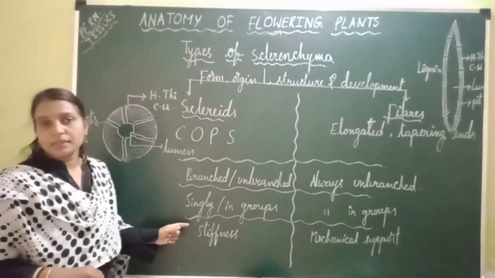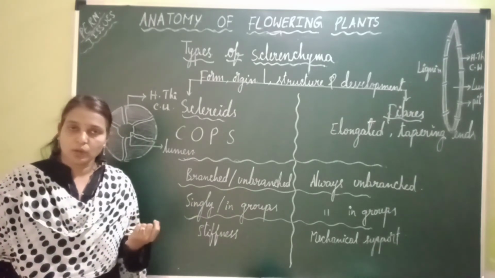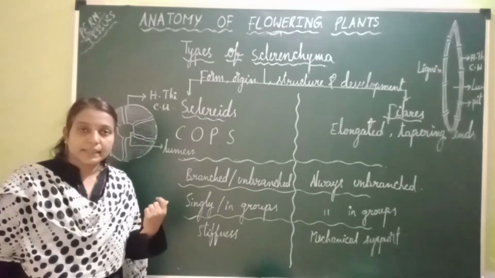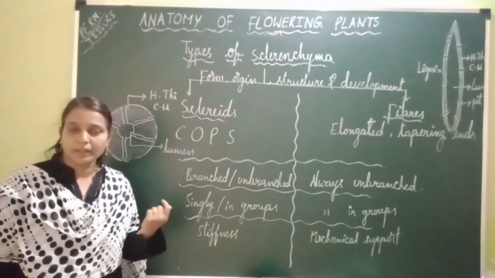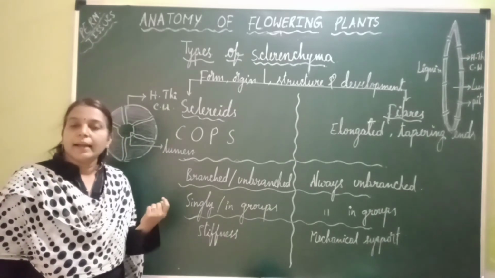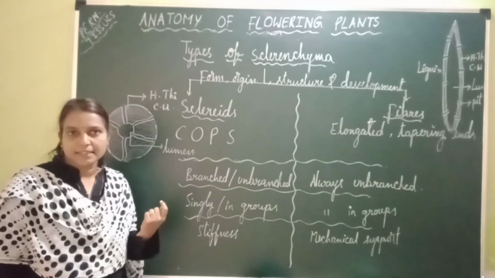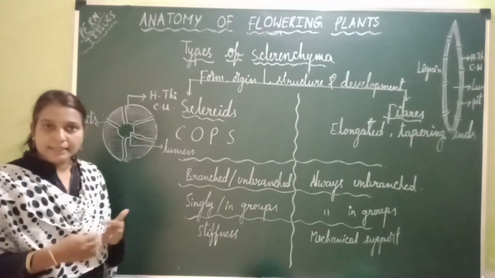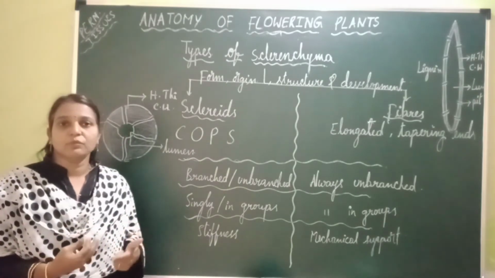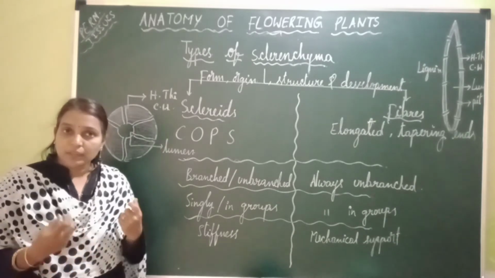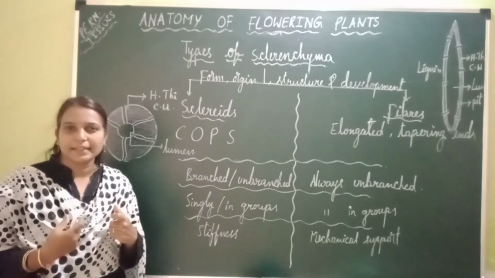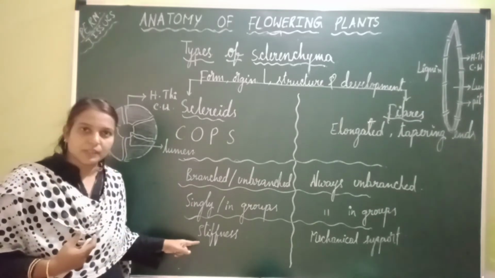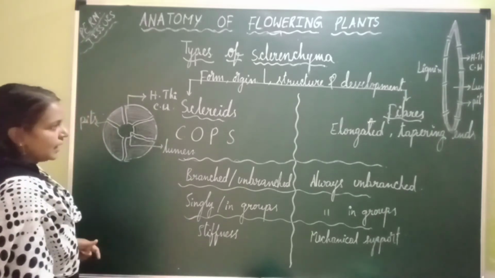Sclerids are present in the pulp of some fruits like guava, sapota, pear, in the seed coats of legumes, in tea leaves, and in the walls of dry nuts. When we eat those fruits, we feel gritty. This grittiness is because of sclerids, which provide stiffness to the pulp of the fruit.